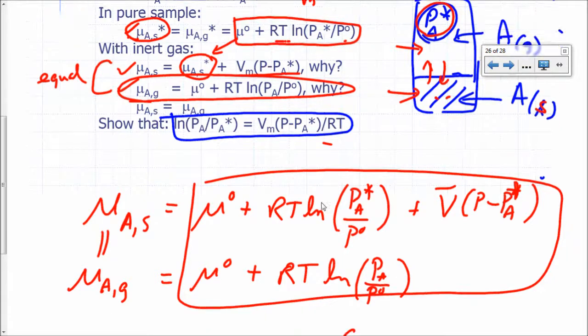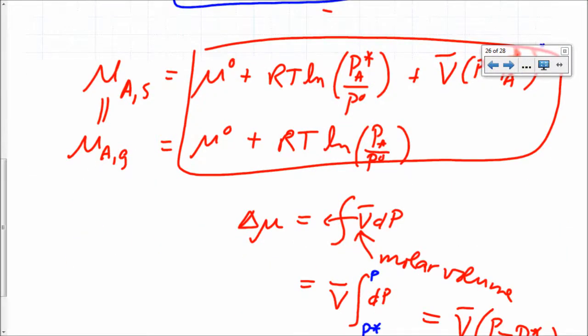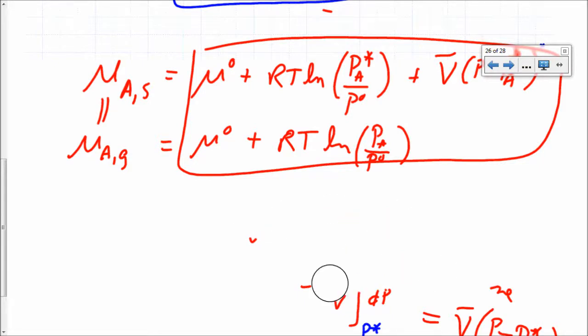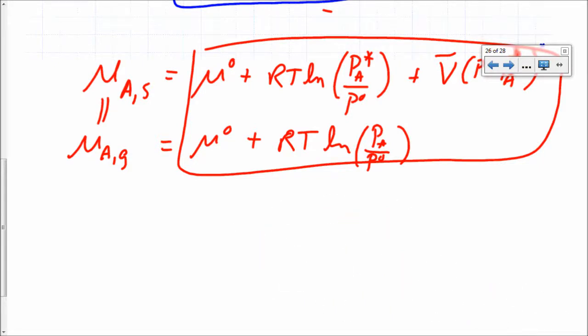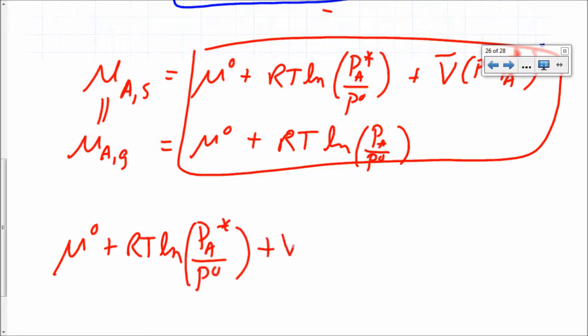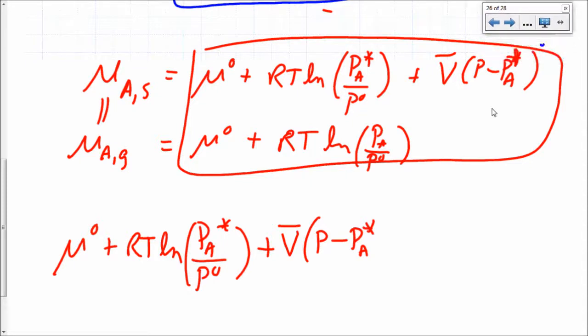If that is the case, we can then say that mu naught plus RT ln PA star over P naught plus V bar times (P minus PA star) must be equal to the one down here, which is mu naught plus RT ln PA over P naught.